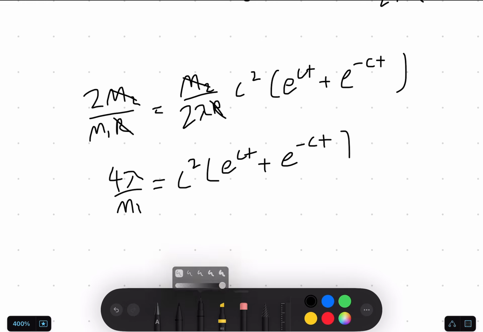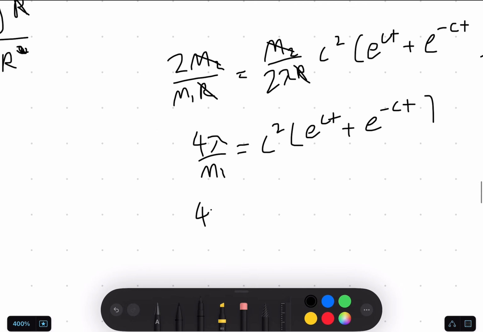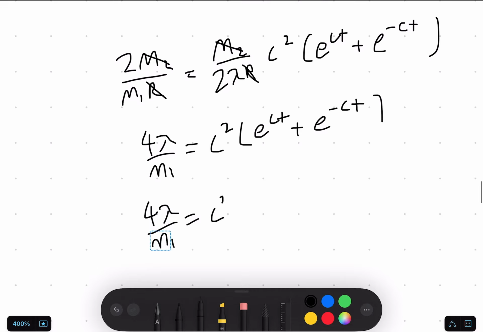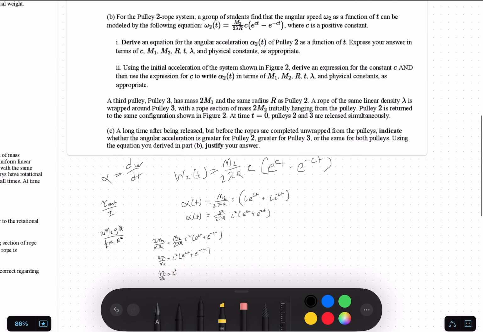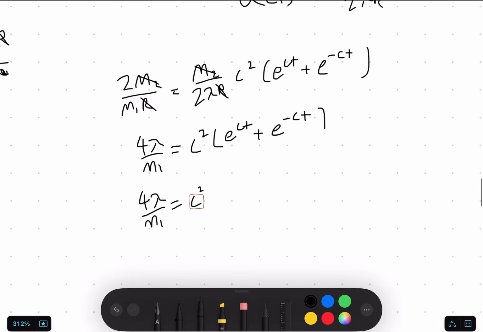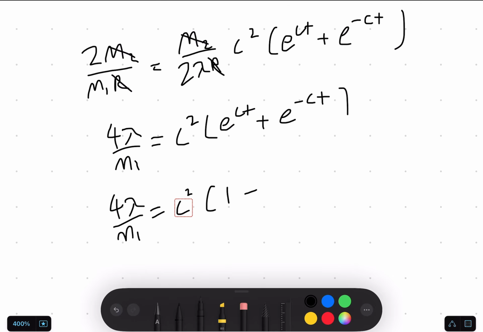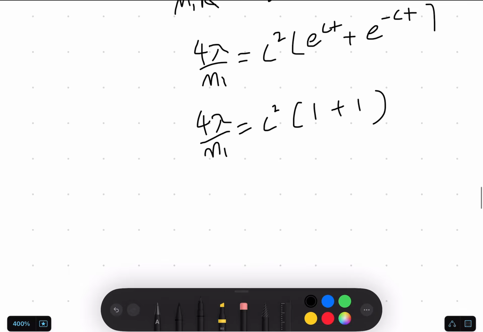So this becomes 1 plus 1. That's just 2.